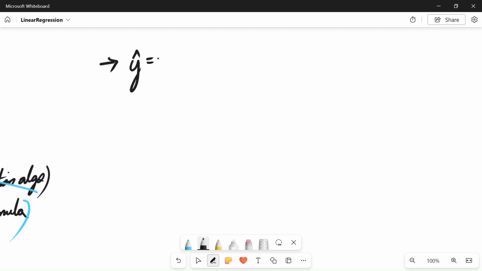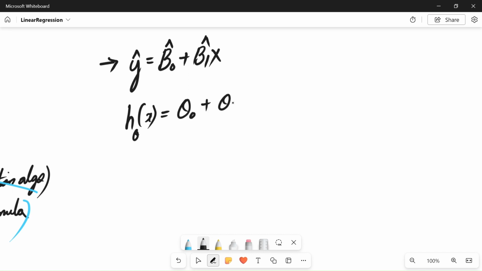Y hat is equal to beta naught hat plus beta 1 hat x, right? And the second way is h of x, I'm sorry, h theta of x is equal to theta naught plus theta 1 x.